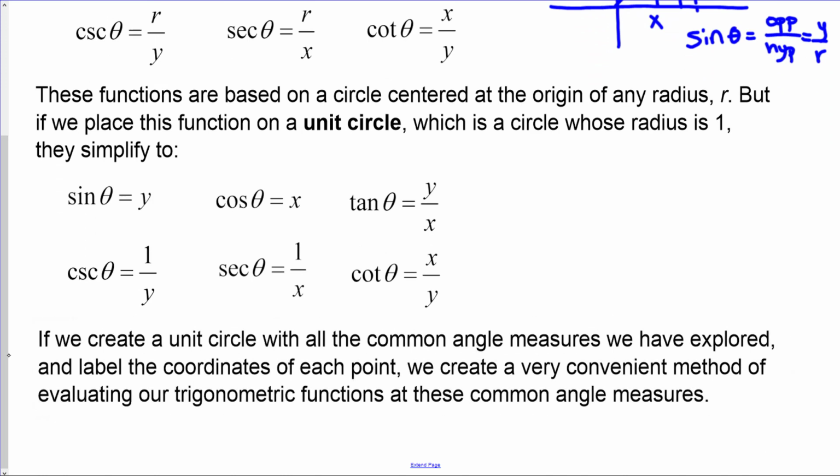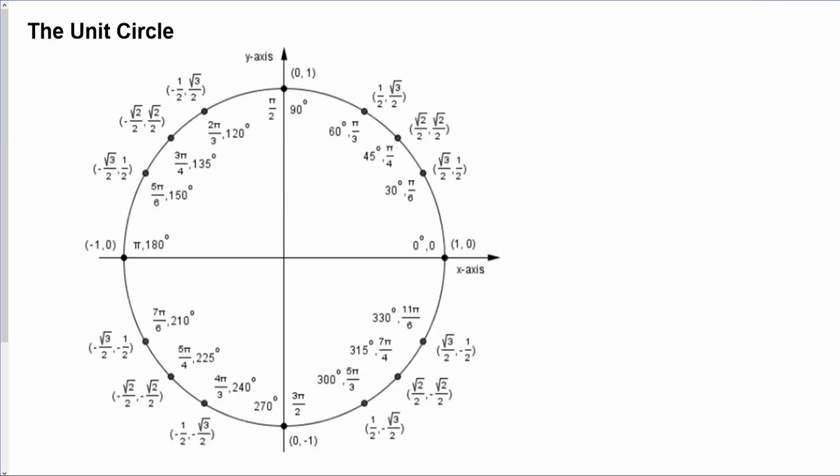And if we create a unit circle with all the common angle measures we have explored, and label the coordinates of each point, we create a very convenient method of evaluating our trigonometric functions at all of these common angle measures. So this is the unit circle. And this is a circle whose radius is 1.